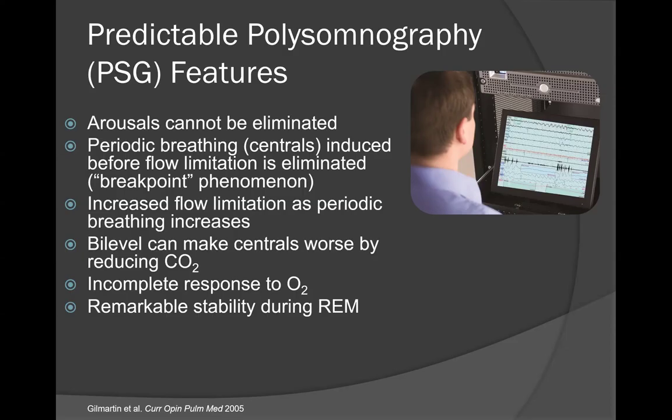And bilevel can make centrals worse because you reduce CO2. That's the good thing with bilevel, that it reduces CO2. Really good for COPD patients, but the opposite for complex sleep apnea patients. And there's always incomplete response to O2.